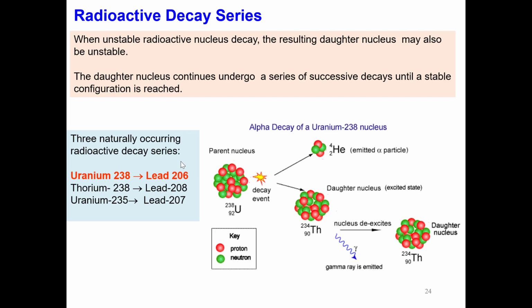There are three naturally occurring radioactive decay series. One is uranium decaying into lead, another is thorium also decaying into lead, and another is uranium decaying into lead, different isotopes of lead. Let's talk about the first one, uranium 238 decaying into lead 206.